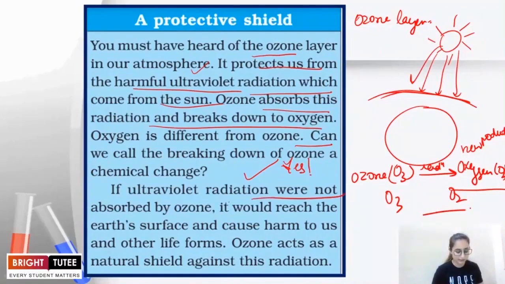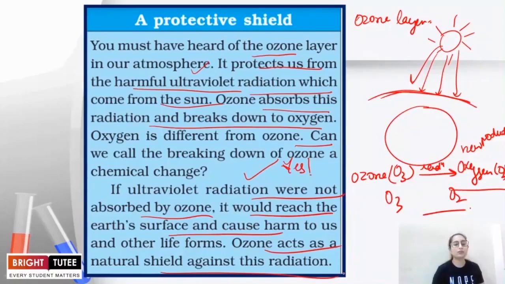So if ultraviolet radiation were not absorbed by ozone, it would reach the Earth's surface and cause harm to us and other life forms. The harmful radiations are very dangerous to us. They can cause different skin diseases and different cancers of the skin. So the ozone layer is very important to us. Ozone acts as a natural shield against this radiation, so we have to protect it as well.